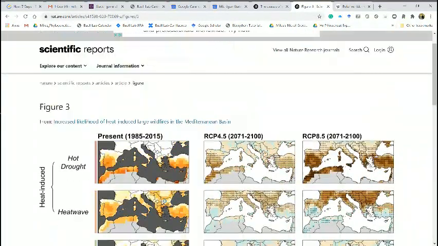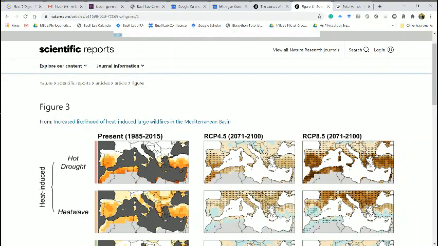Let's see here. Okay, so this is historical data. In here, they're modeling what will happen in the future. Interesting. So it looks like, as you might expect, heat-induced wildfires are going to become more common.